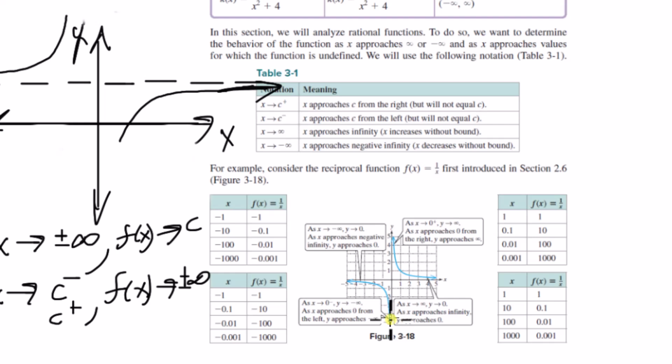It's a vertical asymptote. Okay, now next we can analyze what the function does as x approaches positive or negative infinity. And what we see is that we're going to have 1 divided by some positive or negative infinity, which in either case is going to be some extremely small number.